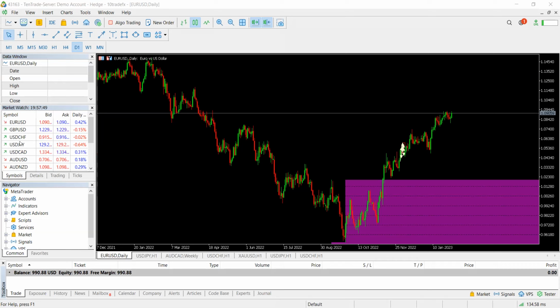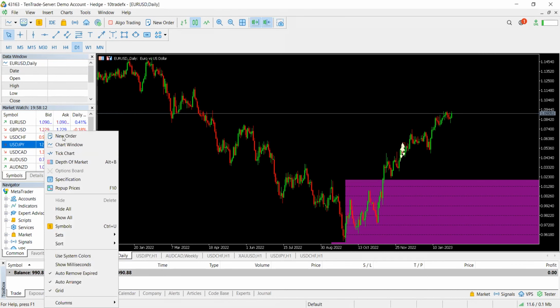But over here is where you are going to populate all of the currency pairs that you are interested in trading. So if you don't have any currency pair on this tab, just hover your cursor on any part of here, and then right click. When you right click, you see some options. You want to click on symbols.